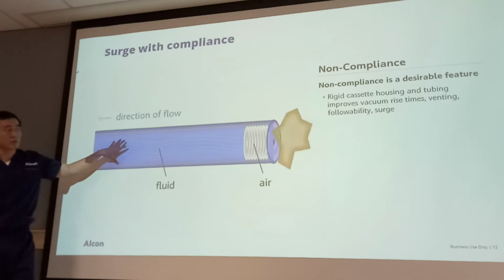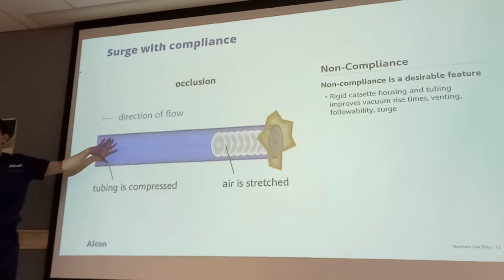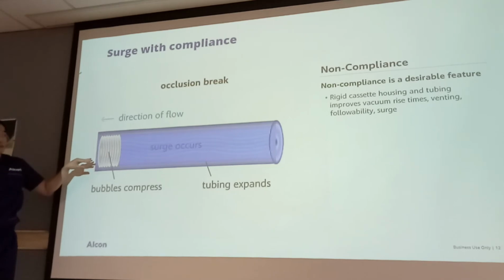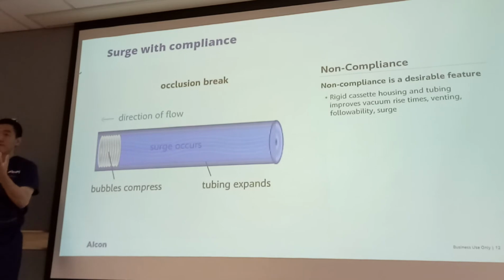Okay. So now let's talk about something related to the surge a lot, which we call compliance. So if the tube is too soft, what happens? The tube will change the shape, right? During the vacuum setup, when it's changing the shape, what happens?